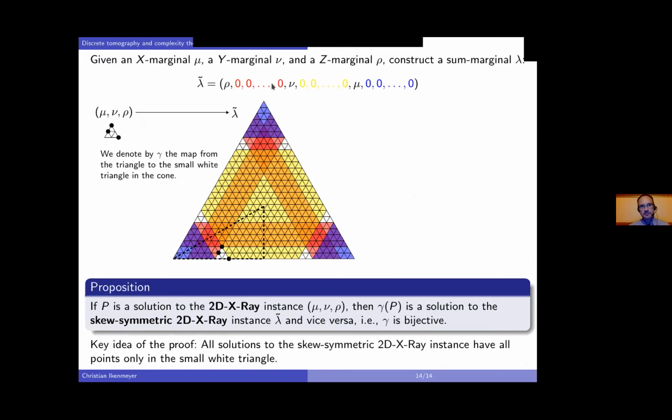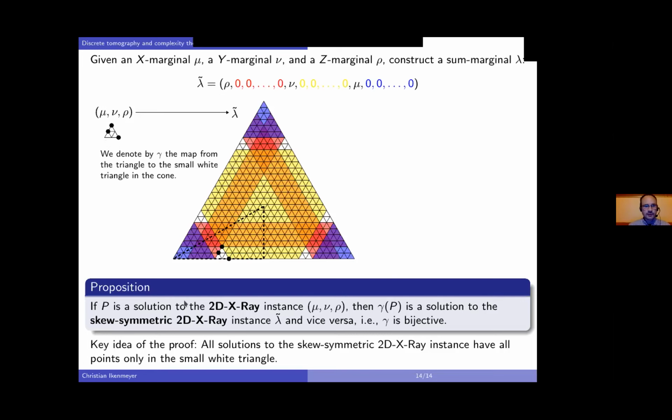You pad it: you put rho and a bunch of zeros, and nu and a bunch of zeros, and mu and a bunch of zeros, in exactly the correct number. Then that will be your sum marginal. And you will actually find a bijection of solutions from your original problem, which is written in a tiny triangle here, to some much larger problem here.